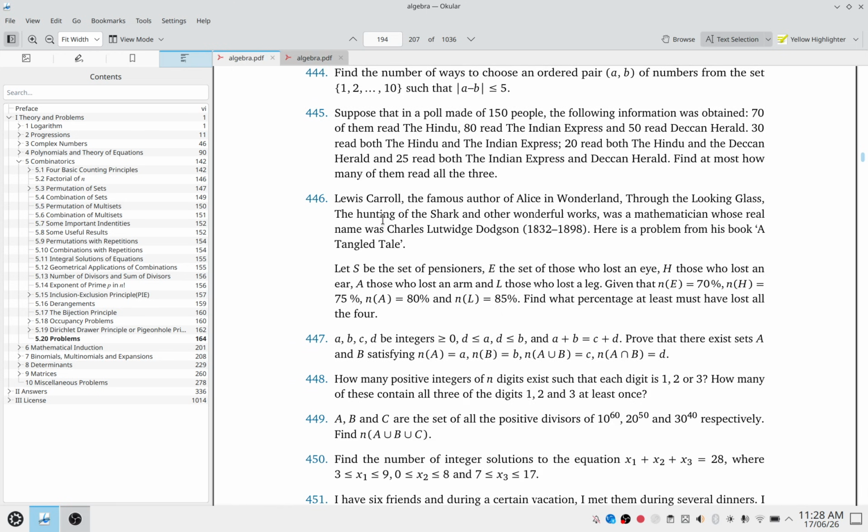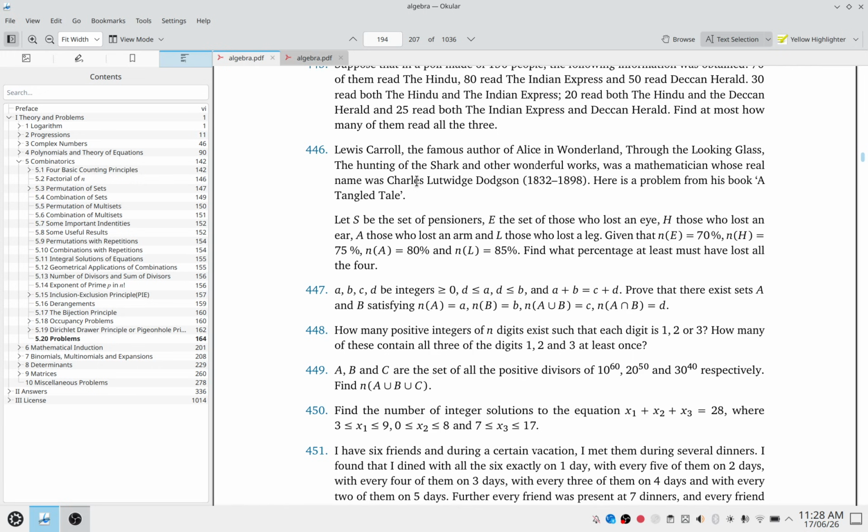Question 446 says that Lewis Carroll, the famous author of Alice in Wonderland, Through the Looking Glass, The Hunting of the Snark, and other wonderful works, was a mathematician whose real name was Charles Lutwidge Dodgson. Here is a problem from his book, A Tangled Tale.